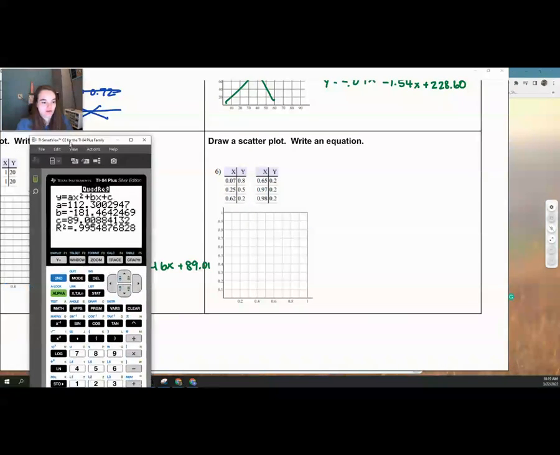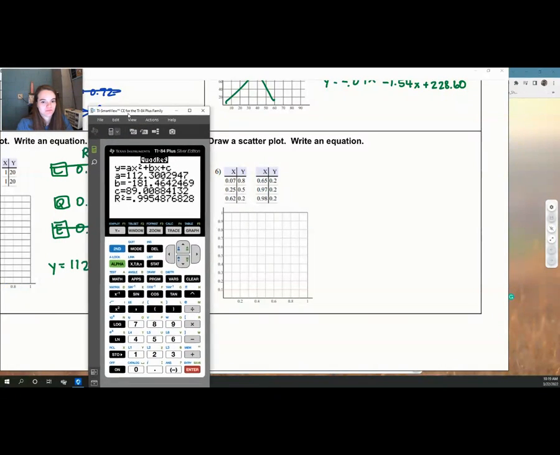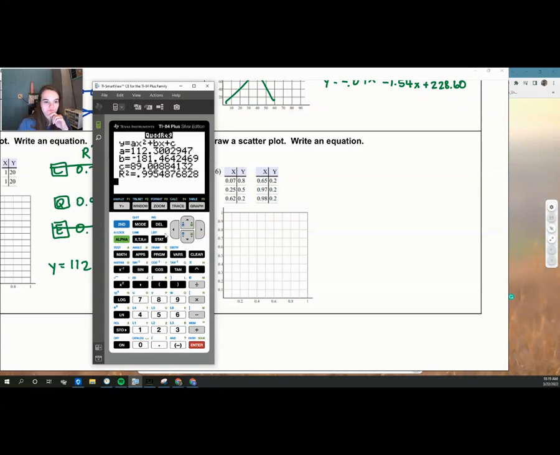Move my calculator to this side. Okay, so stat, edit, and delete them.